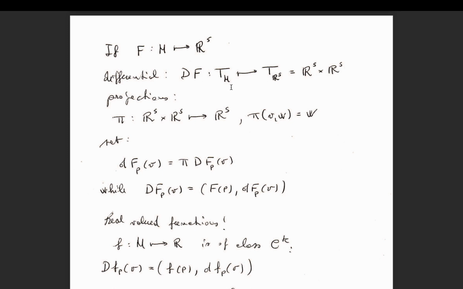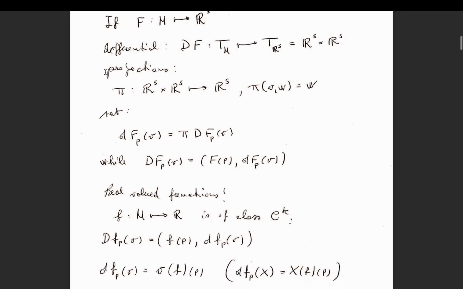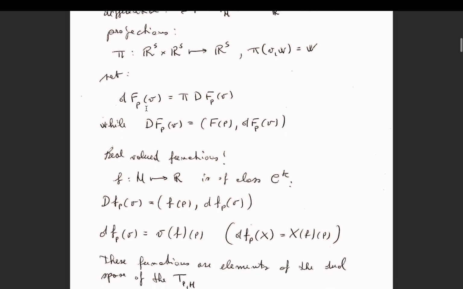So we have two natural projections. We have the projection on the first factor, which is actually the function f itself, and a projection on the second factor, which we call pi. So we can set small d of f at the point p equal to pi composed with big D f at p.